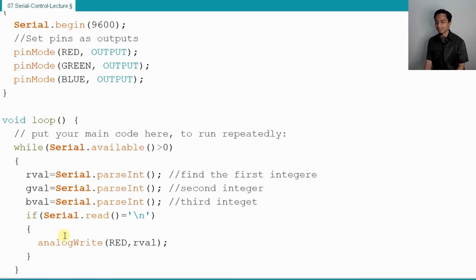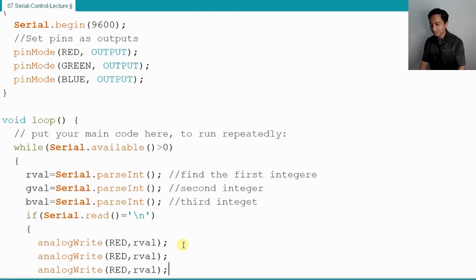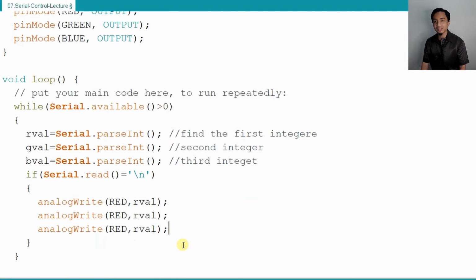Okay, so this is for the value of red. For the next lines of code, it's the same thing. We will write everything consecutively, not one after another, so that's why there is no delay. It will do everything all together.